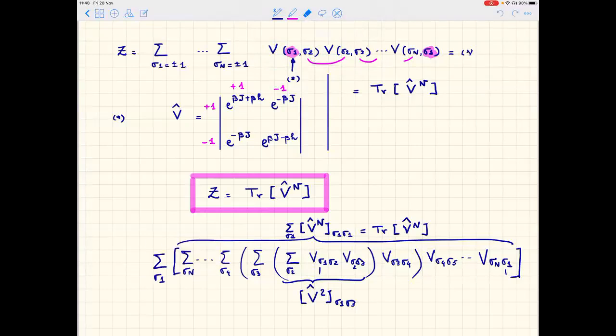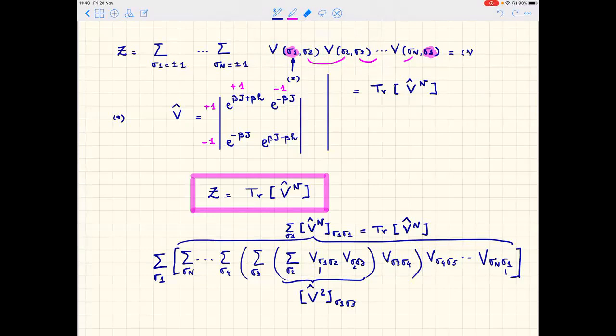Why can you put sigma 1 outside? I mean, you have sigma 2, right? You can commute the sum or something. But I can also perform the summation over everybody but sigma 2.